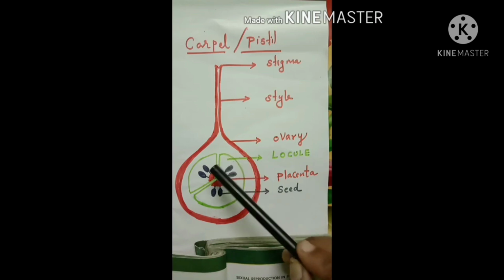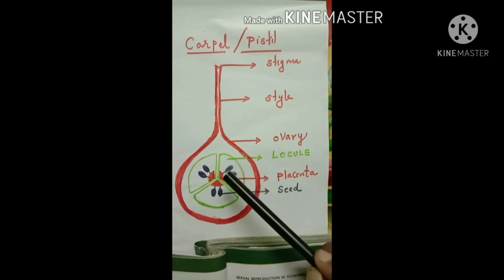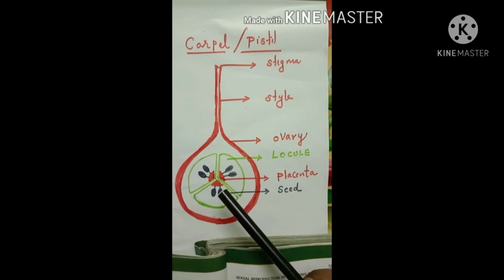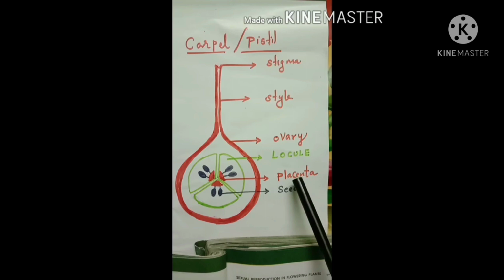Here you can see three chambers, which means three locules are present. Inside the locule we can see the seeds. Seeds means ovules; ovules turn into seeds. The ovules are attached to the locule with the help of the red colored structure you can see here, a cellular structure called the placenta.